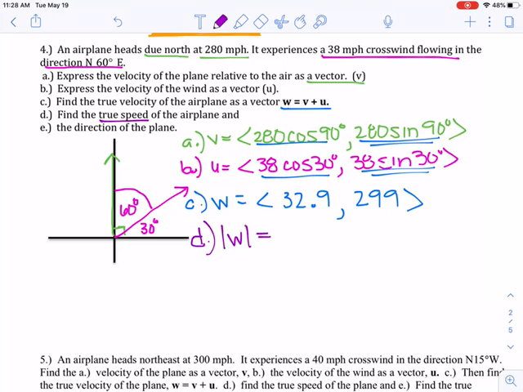To find our magnitude, we take the square root of our x component squared, 32.9 squared, plus our y component squared, 299 squared. Let's plug that into our calculator. The square root of 32.9 squared plus 299 squared. And I get that in order to overcome this wind, I have to actually be traveling 300.8 miles per hour.